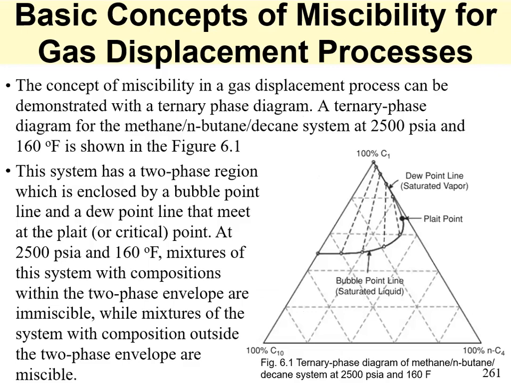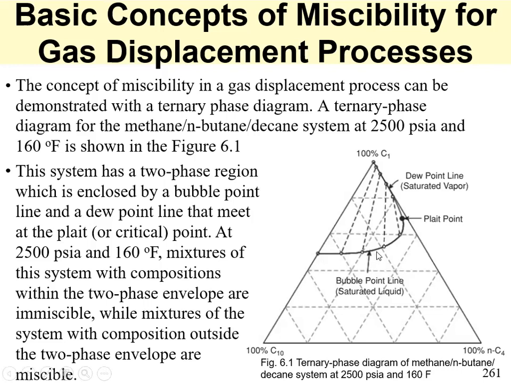The concept of miscibility in a gas displacement process can be demonstrated with a ternary phase diagram. This is a ternary phase diagram for a methane, normal butane, decane system at 250 psi and 160 degrees Fahrenheit. The two-phase region is within this envelope.